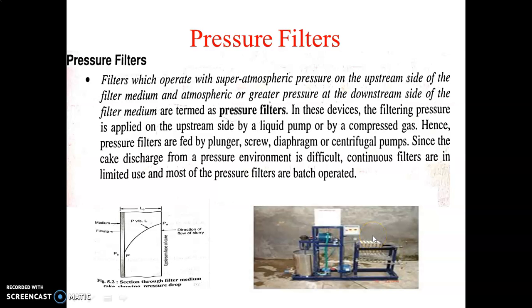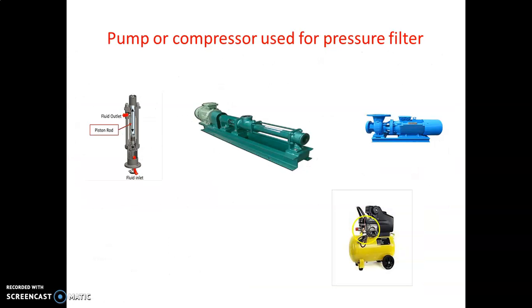So in this way the pressure filter is operated. These are some pumps and a compressor. This is the piston pump, this is the screw pump, this is the centrifugal pump, and this is the compressor. These units are used to give pressure to that liquid.